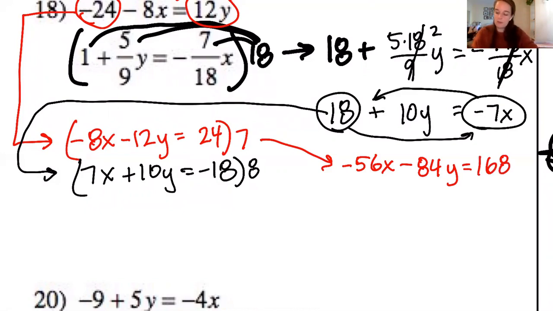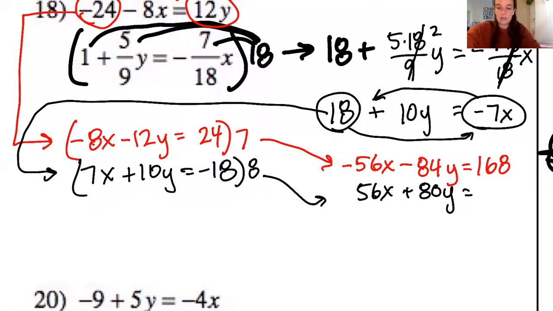All right, I guess I could have done 84 times 2, but neither here nor there. All right, and then we have positive 56x. 8 times 10 is plus 80y, and then 8 times 18, or negative 18 times 8, is negative 144. Sweet, it's actually going to come out more simple than we thought.